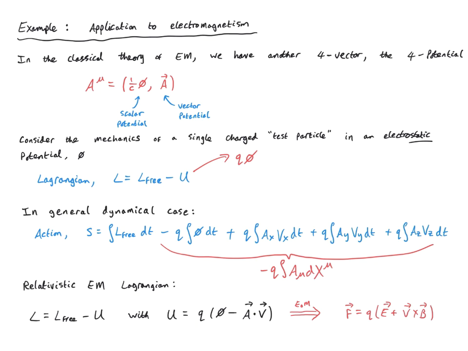In the particular case of electromagnetism, the part of the theory which involves the coupling of charges and currents to the electromagnetic fields is basically given by this term here, and the corresponding Lagrangian involves this generalized potential. So all of this was by way of a non-trivial example of the application of the four-vector theory to electromagnetism.